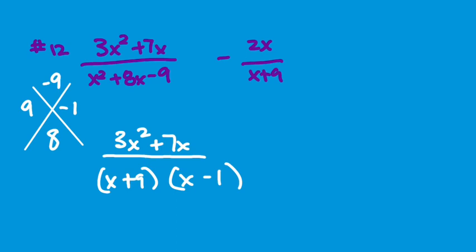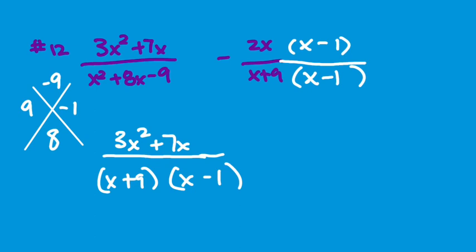We need to get a common denominator on this side. Well, I already have the x plus 9, so all I have to do is multiply by x minus 1. And what I do to the bottom of a fraction, I do to the top, just like when I had 1/2 and it became 16ths as I multiplied the top and bottom by 8.